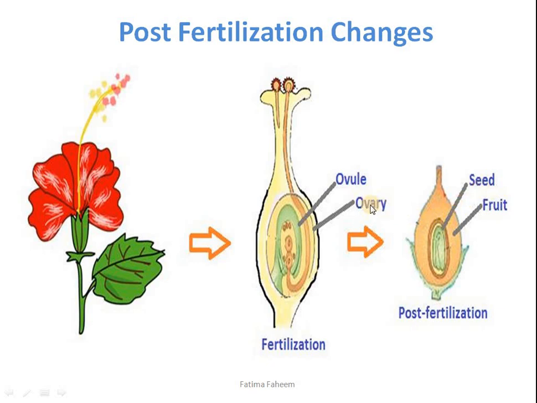The ovary wall will become pericarp or fruit wall, while the integuments will become the seed coat. Integuments were the layers of cells surrounding the ovule, which has become seed now. So the covering of the seed, the integuments pre-fertilization, will be modified into a newer structure that is called seed coat or testa.